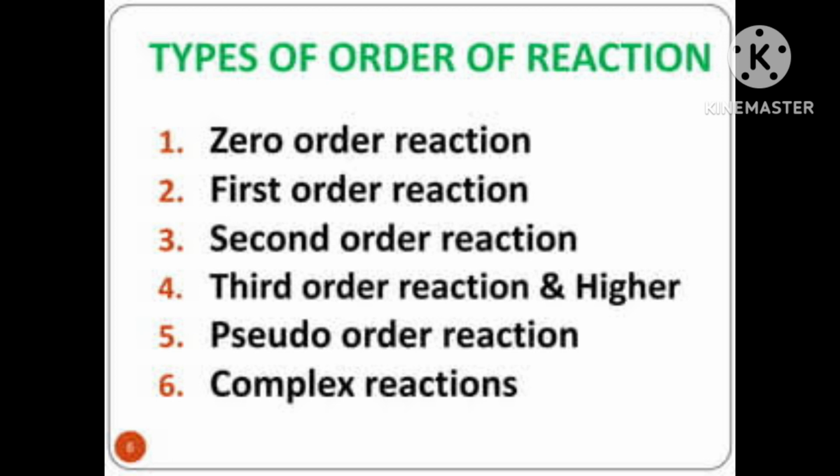Now you can define the order of a reaction. x and y indicate how sensitive the rate is to the change in concentration of A and B. Already I have explained this by giving the values 0.30 and 0.60. Sometimes a reaction depends more on one reactant and less on the other reactant.